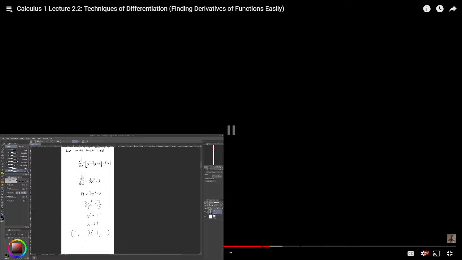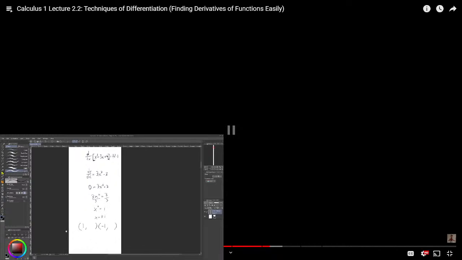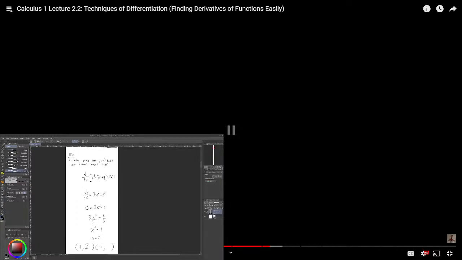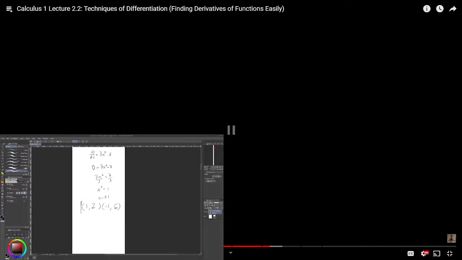Plug in a positive, you get 1 minus 3, negative 2, plus 4 that's 2. Negative 1. It's an odd exponent, so it stays a negative. Negative 1 minus negative 1 plus 4. 2, 6. I think.